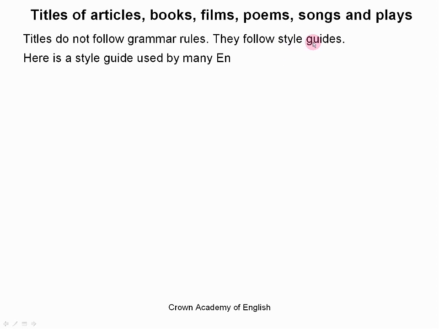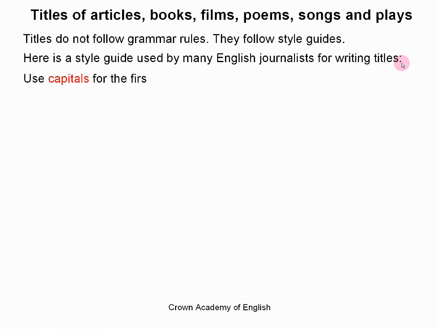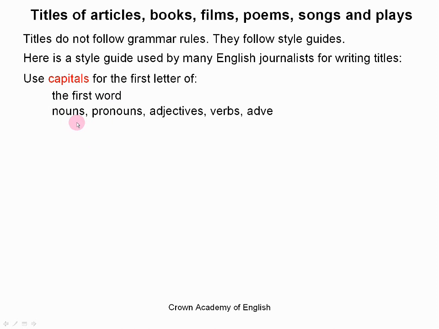And I've given you an example of a style guide. So here is a style guide used by many English journalists and newspapers for how to write a title. And this is a very common style guide. So the rules are, or the guide is, to use capitals for the first letter of the first word, and then all nouns, pronouns, adjectives, verbs, and adverbs in the title.